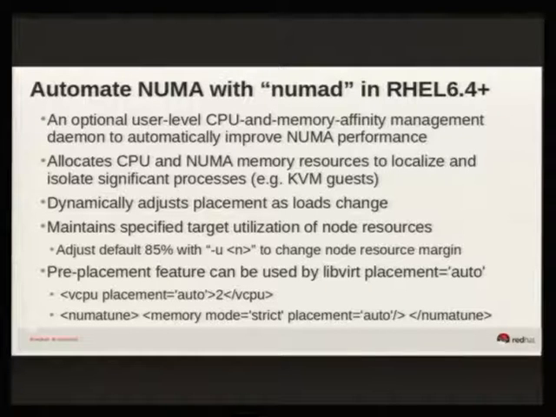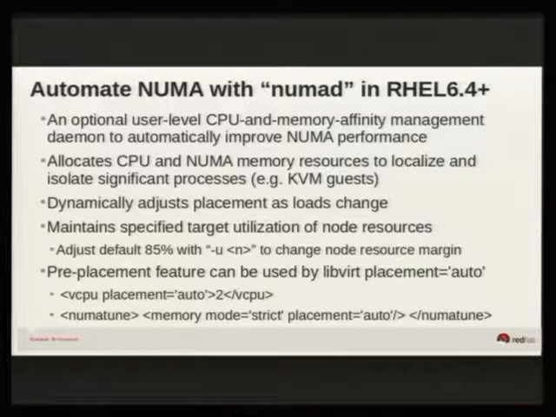NumaD was user space, so it would use CPU and memory C groups to try to move processes to the different nodes. On a 4-node system, it would typically create 4 CPU/memory C groups and move processes between them if it noticed cross-memory references.